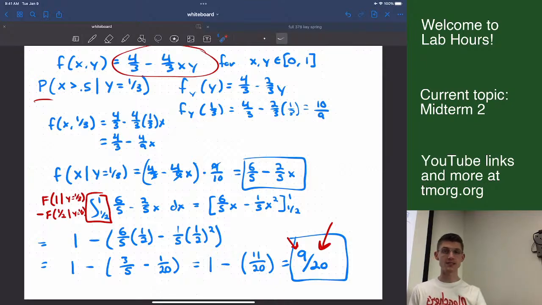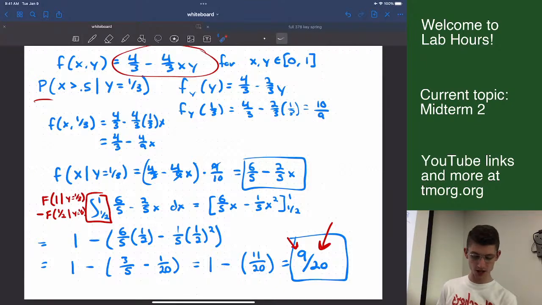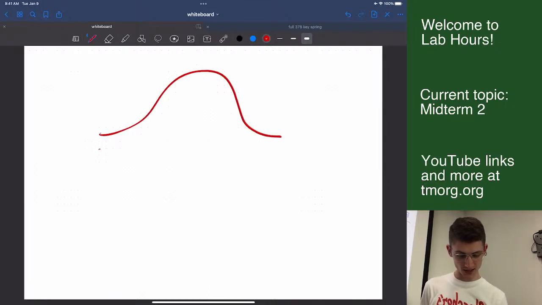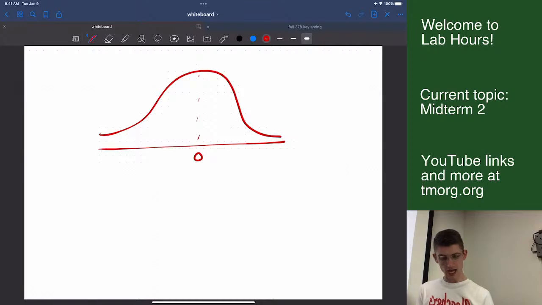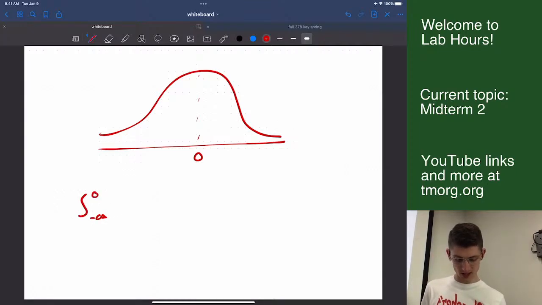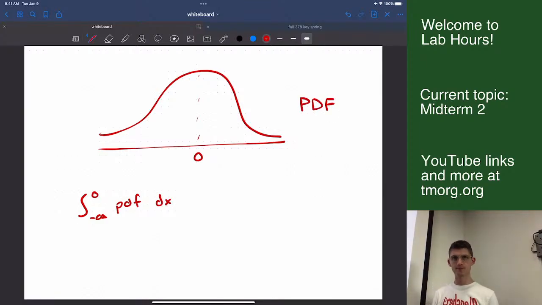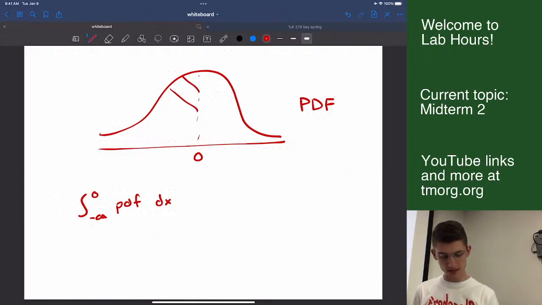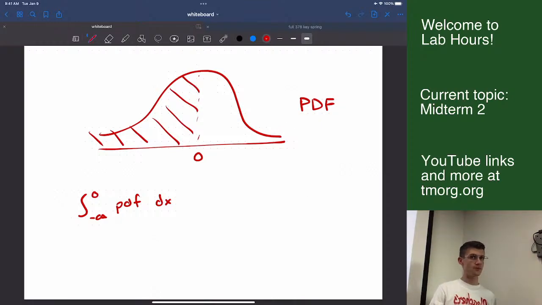That's the CDF, the cumulative distribution function. If I have a distribution that looks like this, and let's say I have 0 here in the middle, I could integrate this PDF, which is what I have drawn, from -infinity to 0, and that would give me the probability of getting a value less than 0.